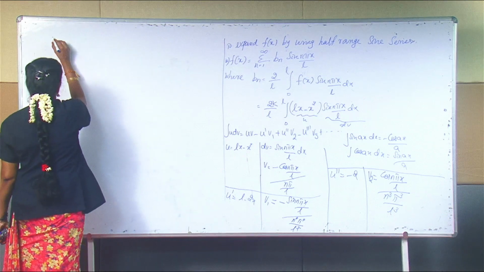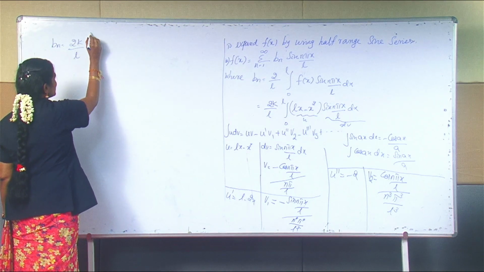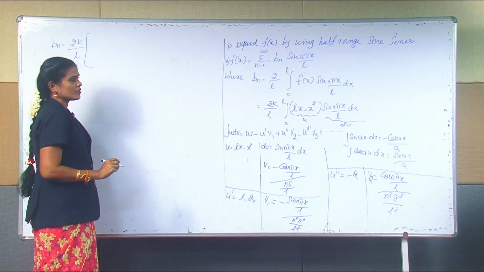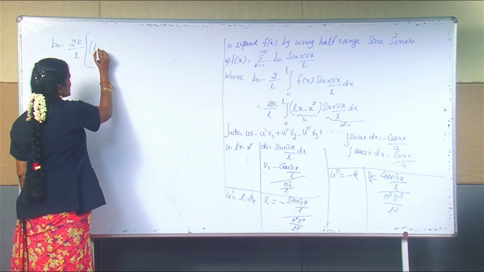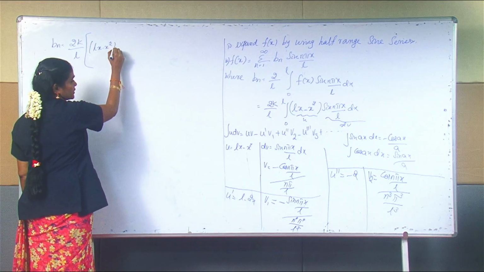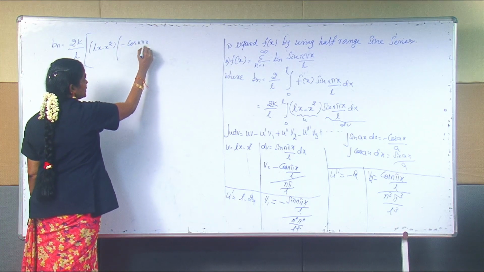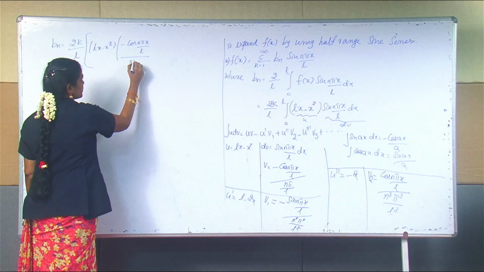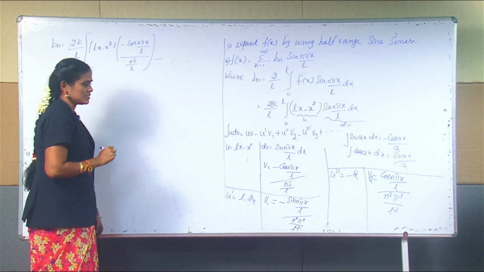So, your Bn becomes Bn equal to 2k by L into, first you have to take the u into v value. So, u value is Lx minus x square, into v value is minus cos n pi x by L divided by n pi by L. In the formula you have a minus symbol, that is why minus.